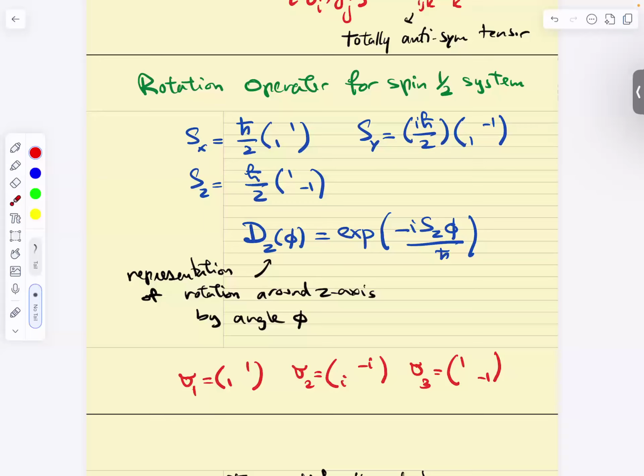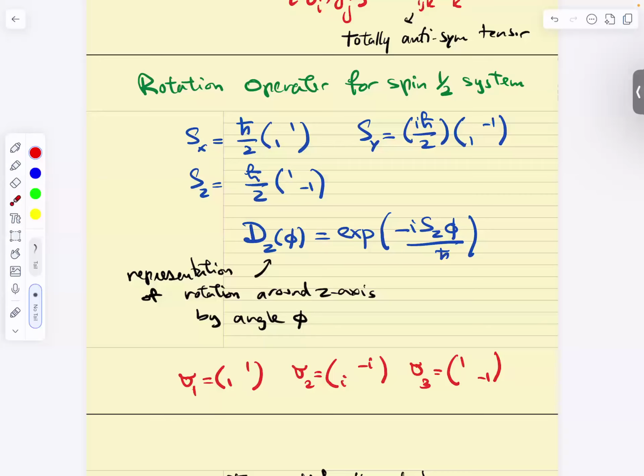Cosine phi flat. This is my notation, and this is a special case of something that I usually call R_n(phi), rotation fixing the n-hat vector by angle phi.